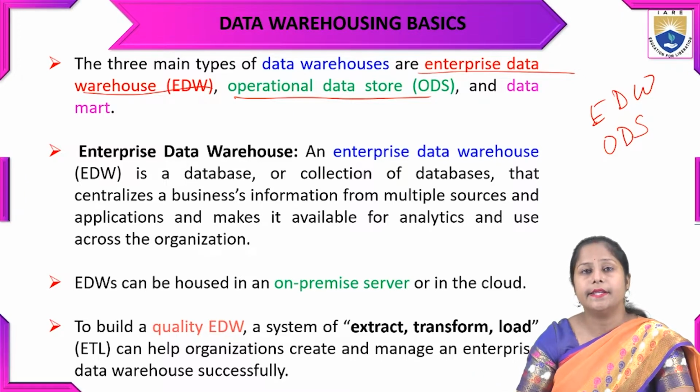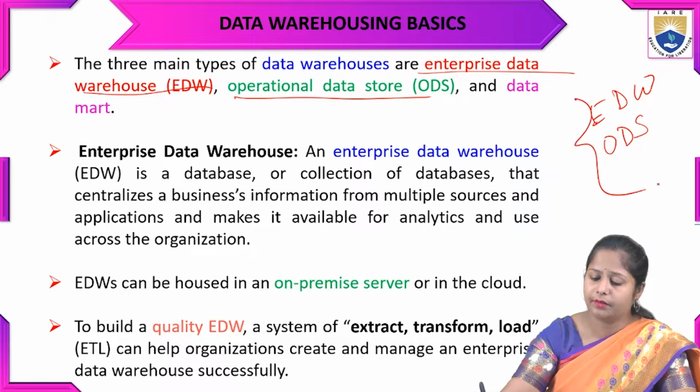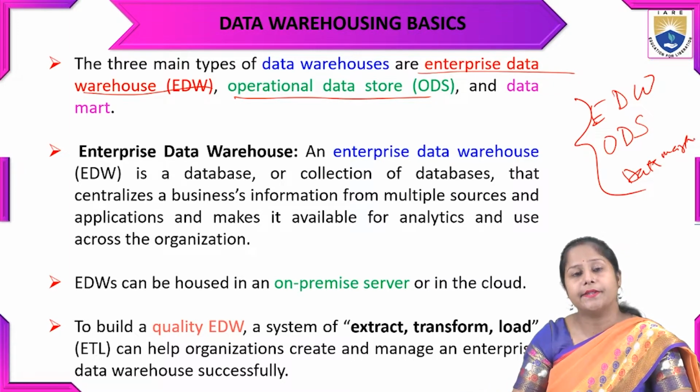And third is the data mart. In a broader view, data lakes and other things are also there, but in basic terms we go with these three: enterprise data warehouse, operational data store, and data mart.